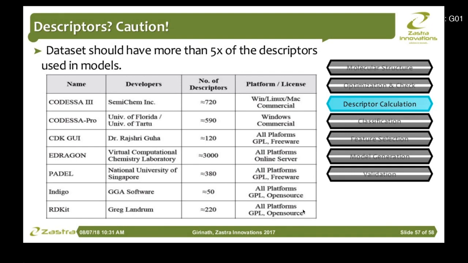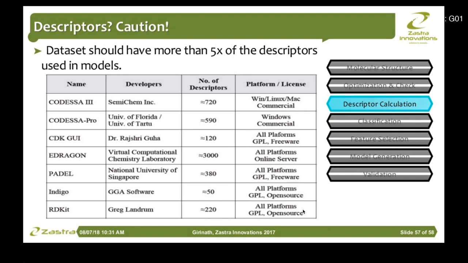There are a lot of descriptors available. eDragon is an online platform, so that also can be used. Indigo and RDKit are also available, but you can use them very nicely in KNIME software. So you have nodes available for Indigo and RDKit.